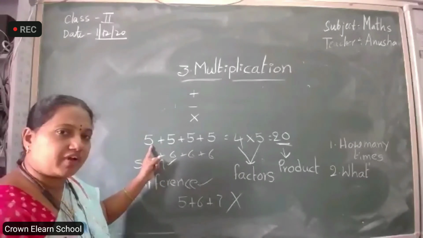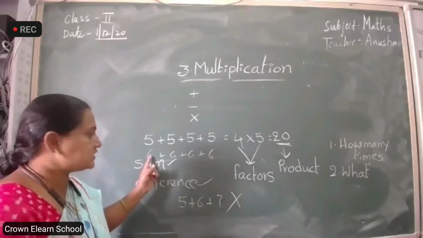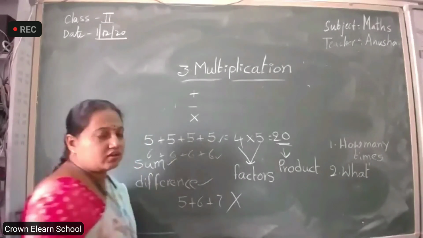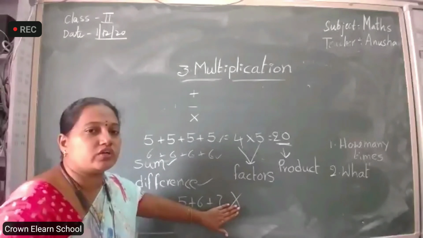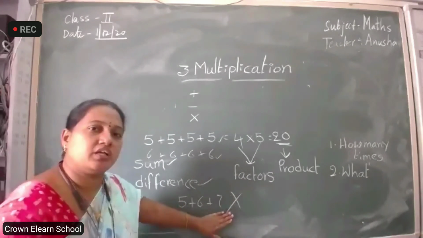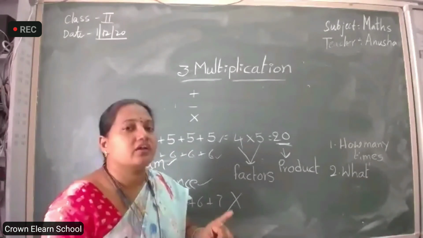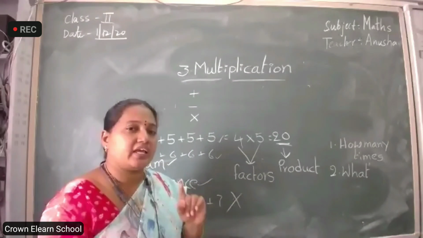So multiplication means any number, that same number only you should add continuously. Here we are taking 5, 5, 5, 5. Here we are taking 6, 6, 6, 6, 6. These two methods are correct. Here 5 plus 6 plus 7 won't come under multiplication. So what is multiplication? Repeated addition of the same number.